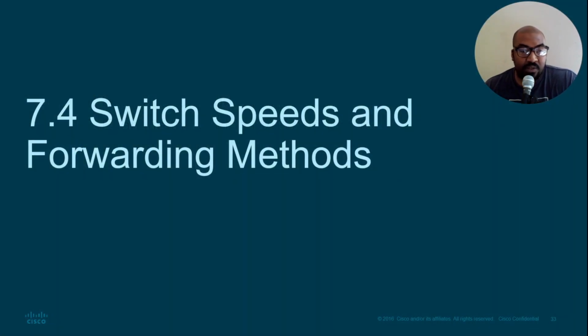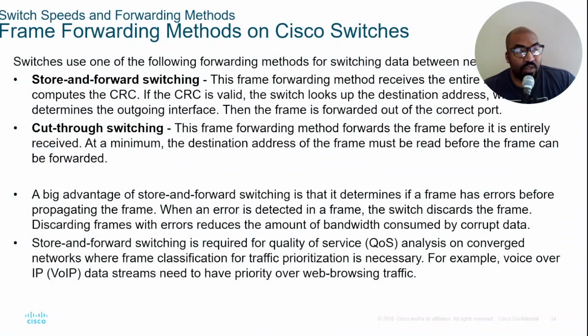All right, switching speeds and forwarding methods. Take a look at these items. Switches use, well, I think we just talked about this. Store-and-forward: this frame forwarding method receives the entire frame and computes the CRC. Cut-through switching: this frame forwarding method forwards the frame before it is entirely received. At a minimum, the destination address of the frame must be read before the frame can be forwarded out.